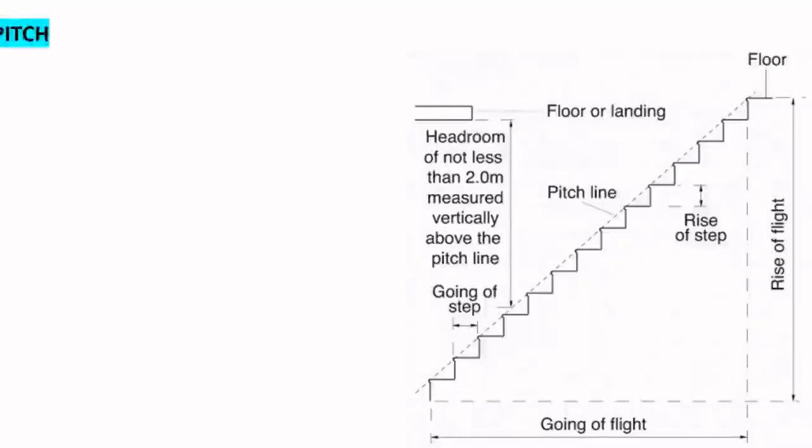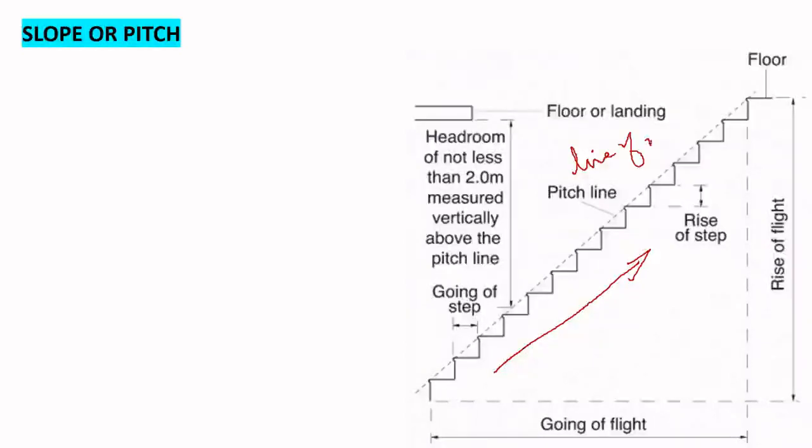Now, what is slope or pitch? Slope I have already told you. This is called the slope of the steps. It is also known as the pitch line, the imaginary line on the nosing, the line of nosing.